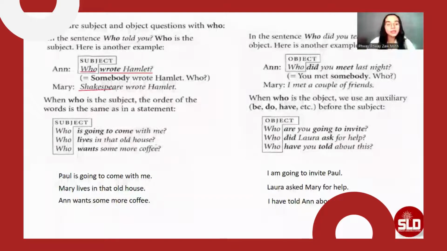So the answer is Shakespeare wrote Hamlet. Let's look at this one here. Who is going to come with me? So here we just need to write our answer in here. So Paul is going to come with me. So in a subject question, the order of the words is the same as in the statement.